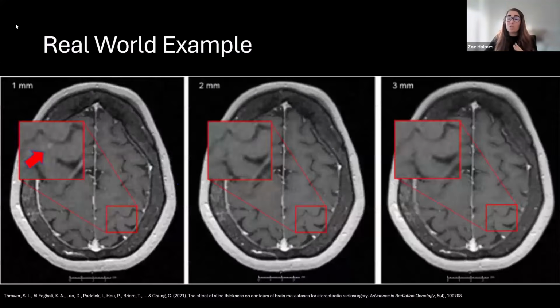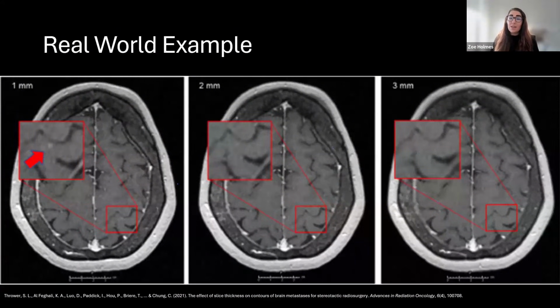Here is a really good real-world example of what can happen when we start pulling the lever of slice thickness without thinking about the contributing factors. These are examples of reconstructed slice thicknesses from a 3D acquisition for brain metastatic assessment prior to stereotactic therapy. The researchers highlighted what happens when you increase your slice thickness from 1 millimeter to 2 millimeters to 3 millimeters.